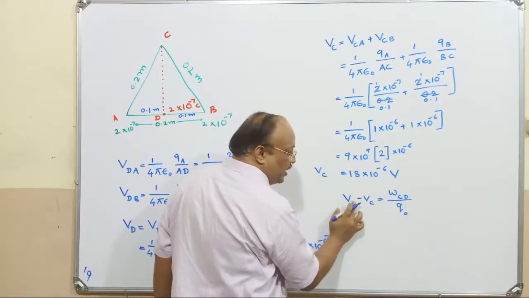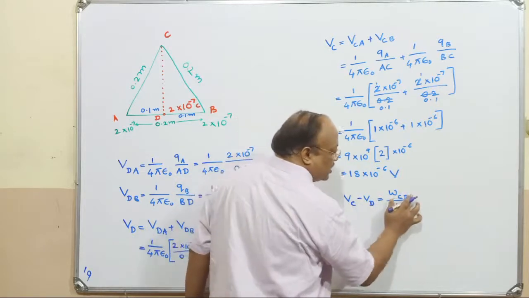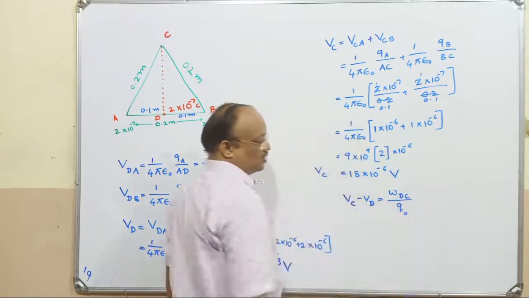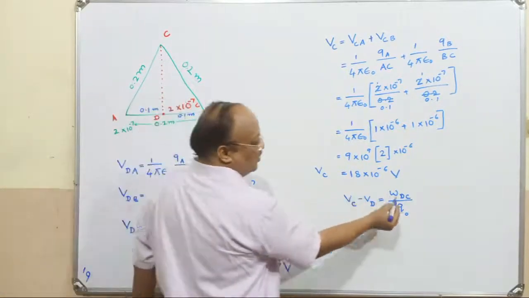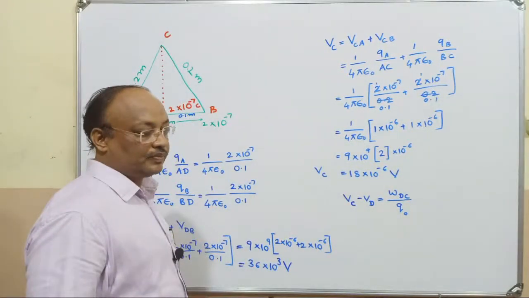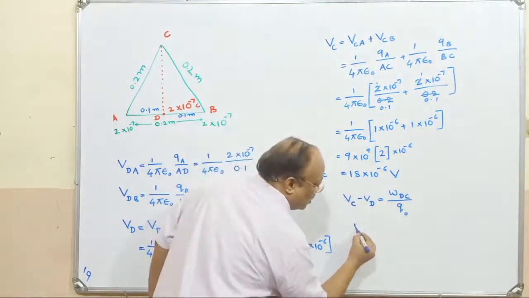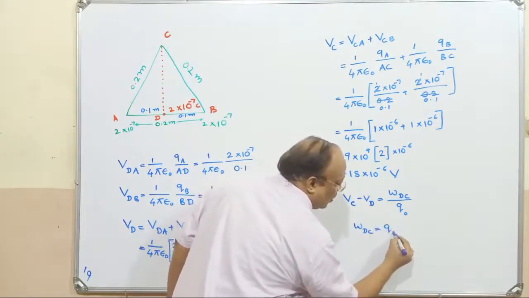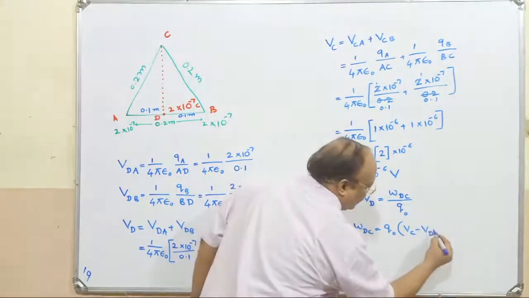It is VC minus VD. Then work done will be D to C, because we want from D to C. Therefore, VC minus VD is equal to WDC by Q naught. So work done from D to C is equal to Q naught times VC minus VD.